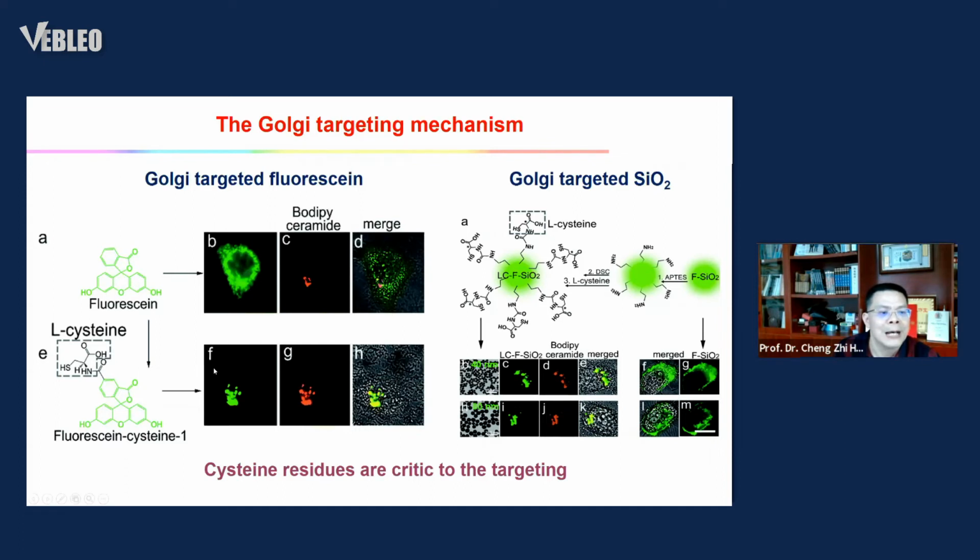We can see that the fluorescence without cysteine functionalization is found to readily spread over the whole cell, while L-cysteine functionalized fluorescence can fully co-stain with the Golgi dye. Similar results could be observed for the cysteine-modified 40 and 80 nanometer silica nanoparticles, further stressing that the cysteine residues are critical to the targeting.